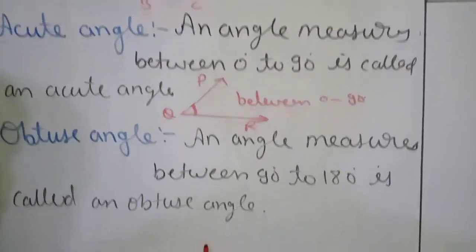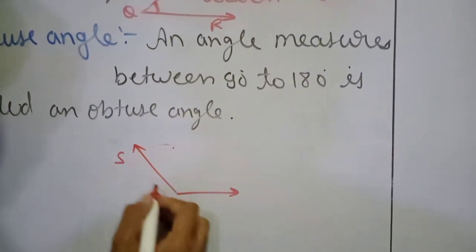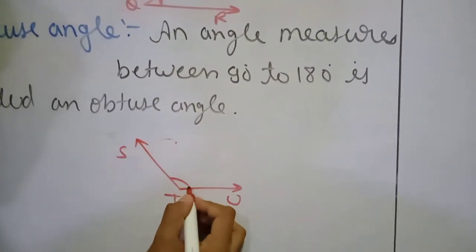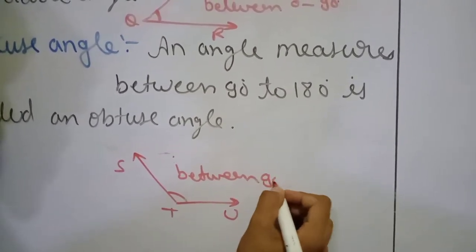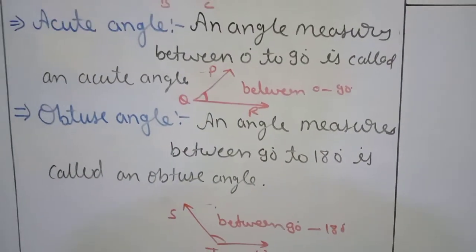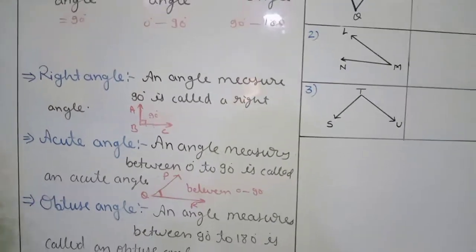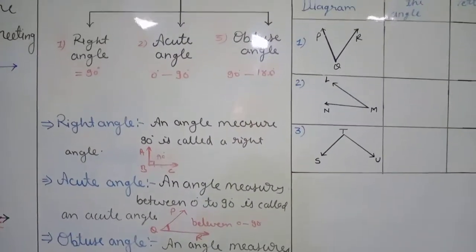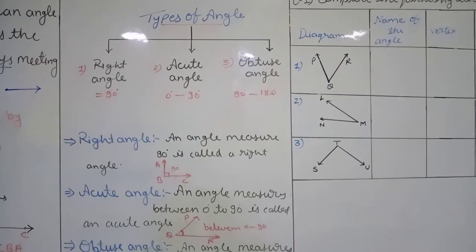Next we learn about the obtuse angle, STU, which is between 90 and 180 degrees. These are the three different types of angle we are going to learn in our syllabus.